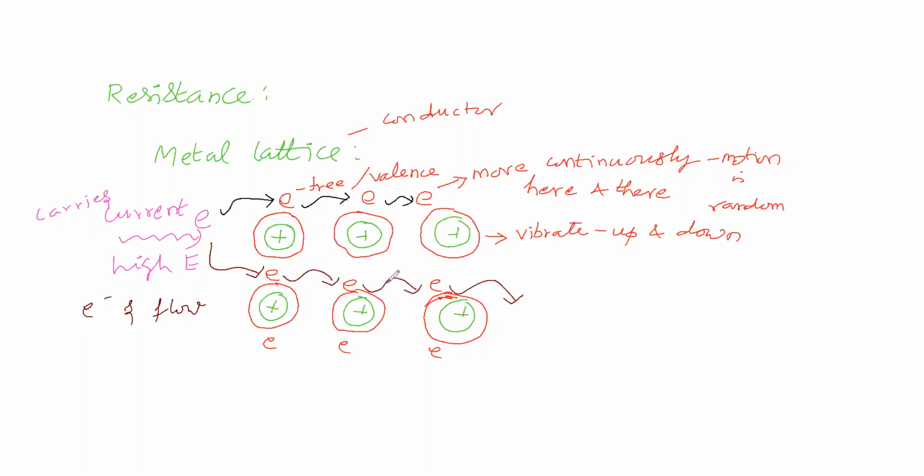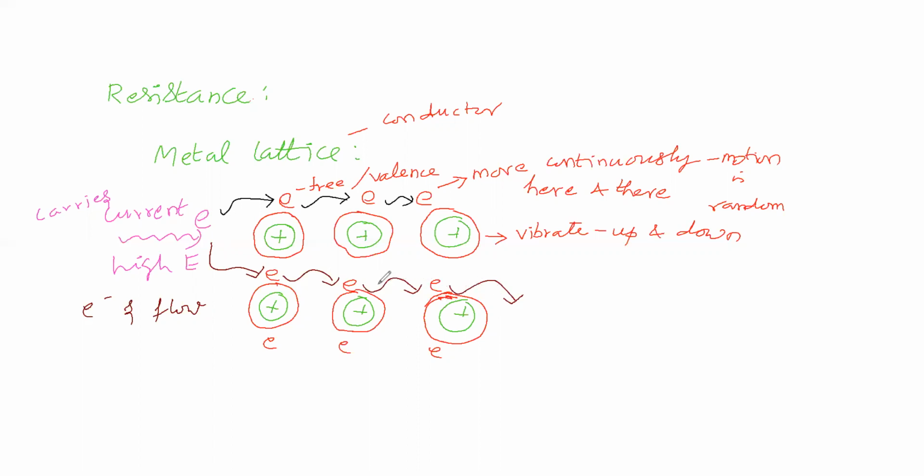It is called movement of electrons in a particular direction. Due to movement of electrons from one place to another place, we can say current is passing. Current passes means electrons should flow like this. It is called current passing.